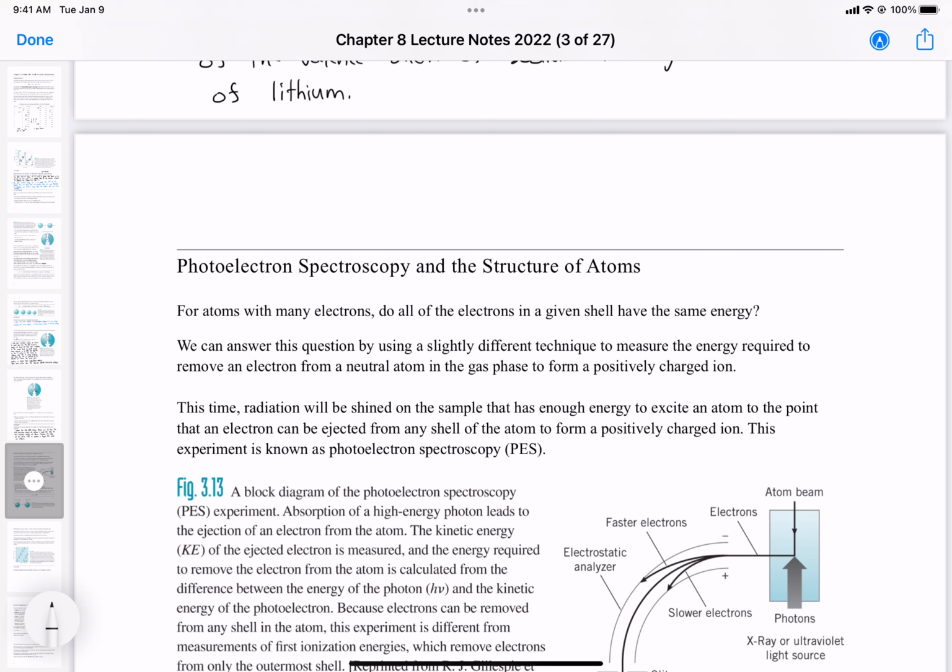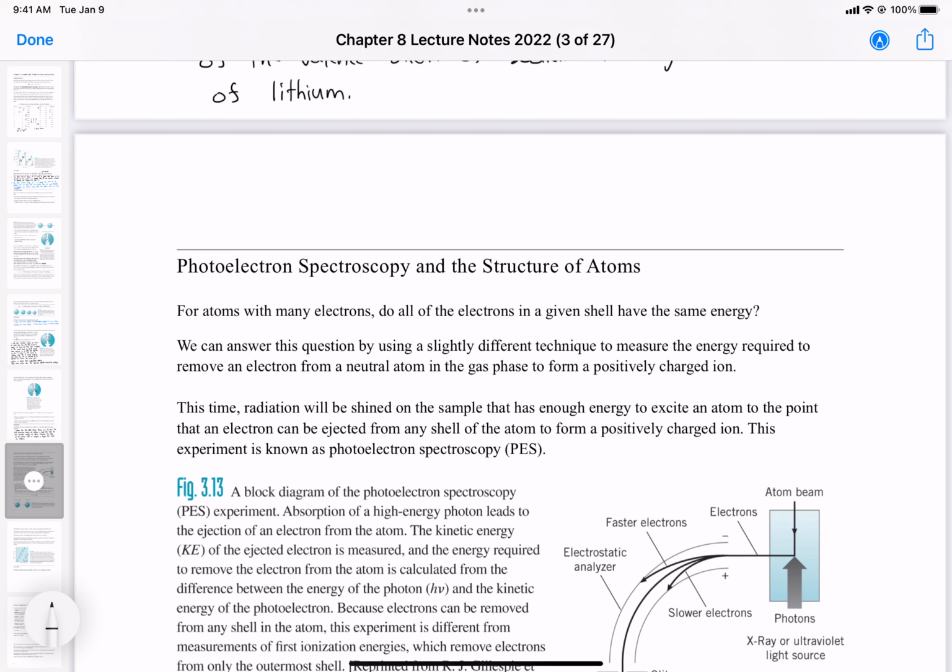It doesn't have to be the valence shell. It could be from the inner shell, the lowest energy level, or the second lowest energy level. It can be from any energy level, and we can get information about the energy it takes to remove all these electrons, and we can answer the question: are all the electrons in the same energy level? Do they have the same energy?